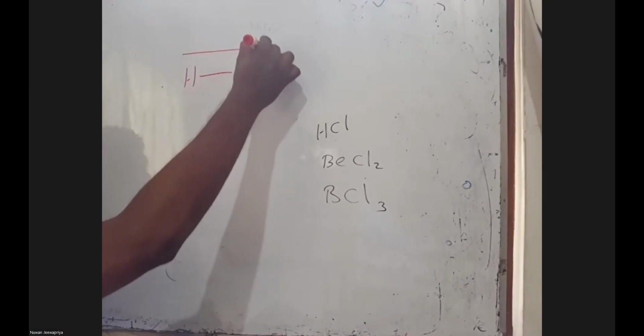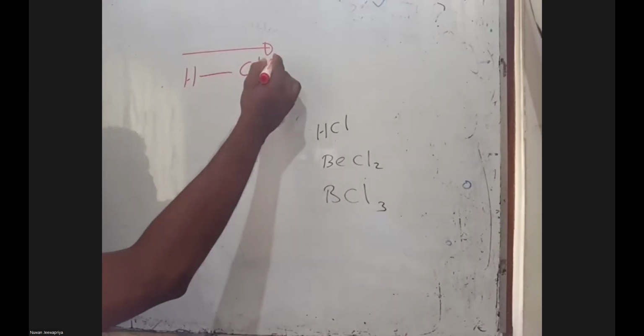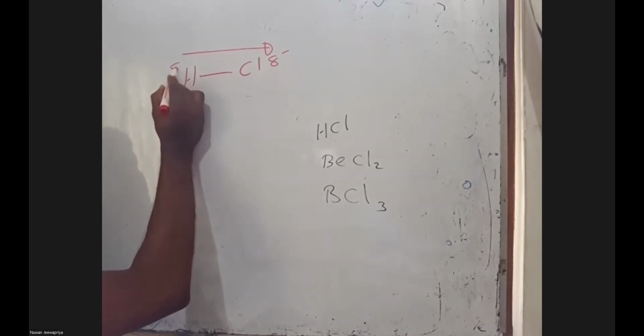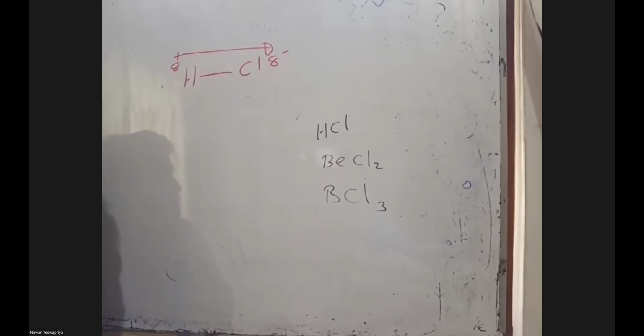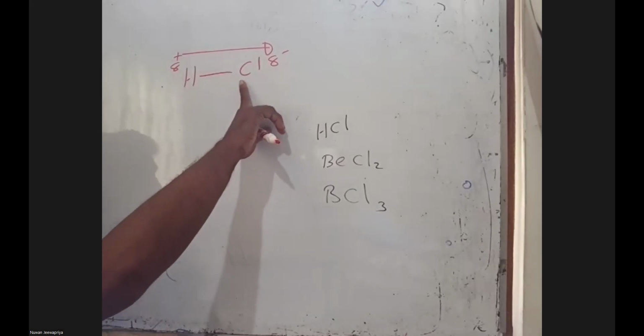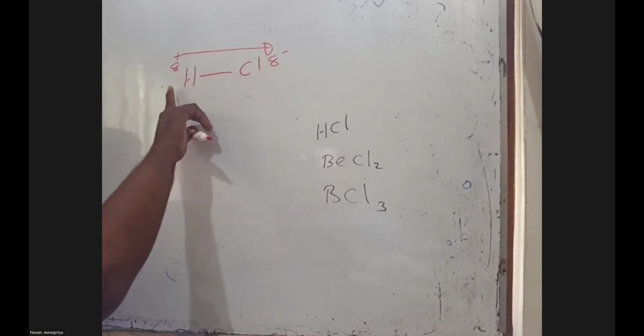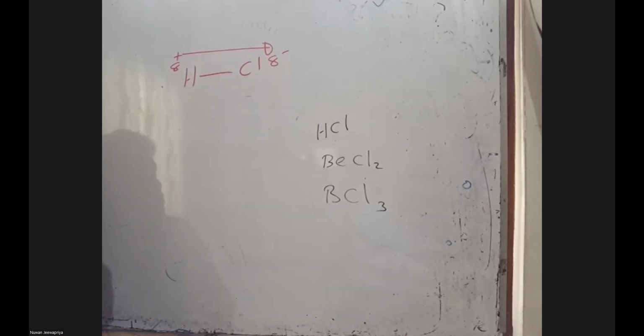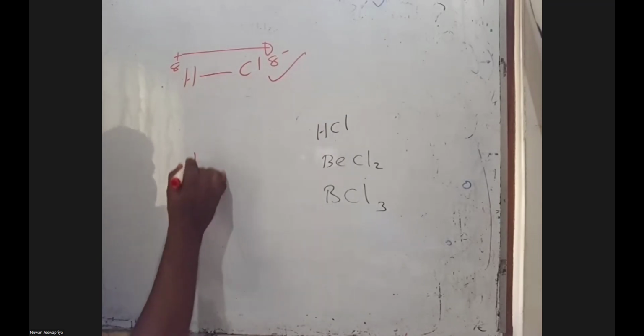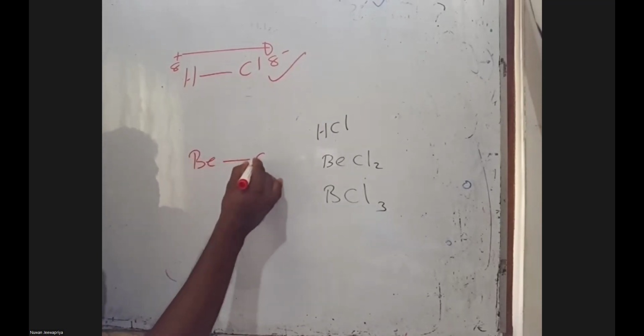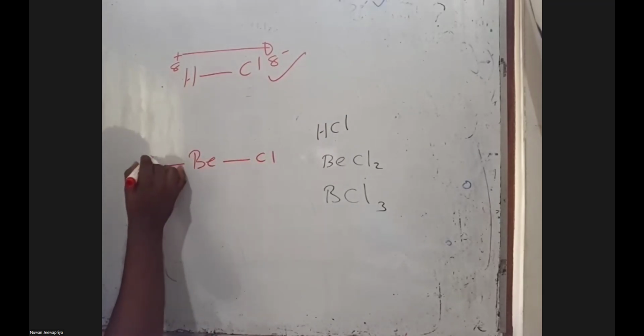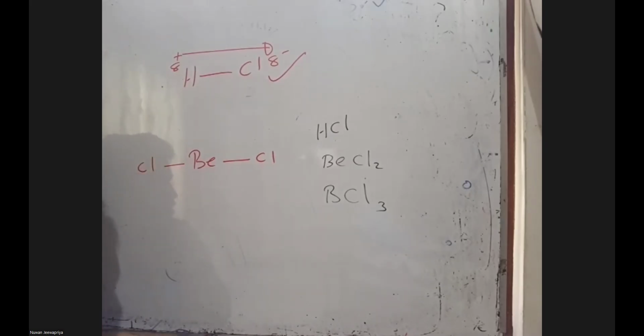So the electrons go towards the chlorine: delta minus on chlorine, delta plus on hydrogen. There's an electronegativity difference, so that is polar.